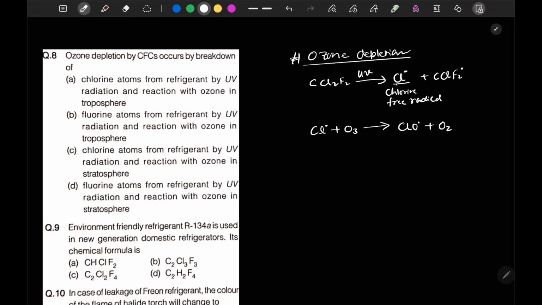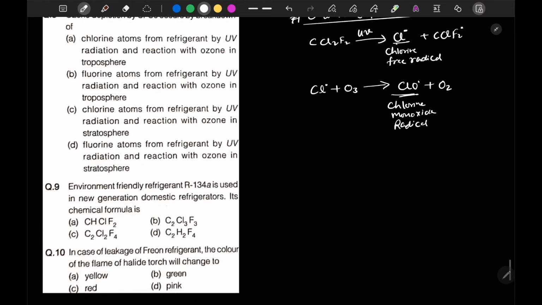Okay, and this is known as chlorine monoxide radical. And further this ClO dot, chlorine monoxide radical, reacts with an oxygen atom to give chlorine radical again plus O2.